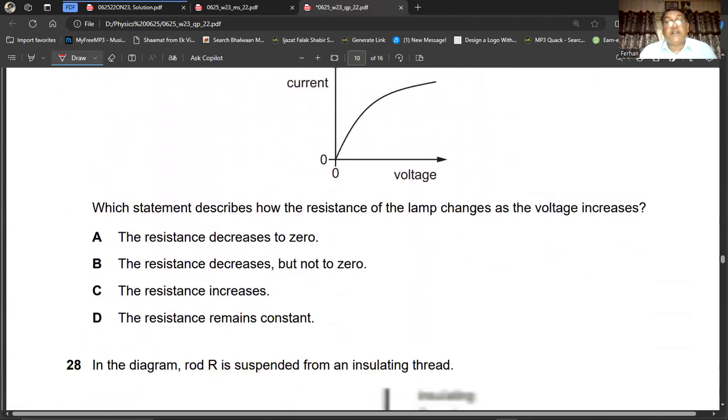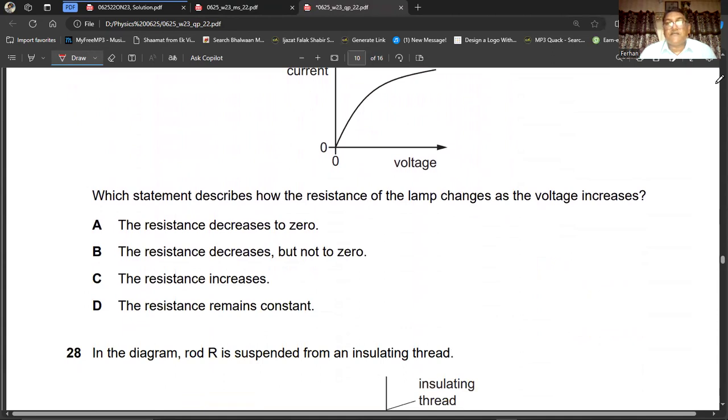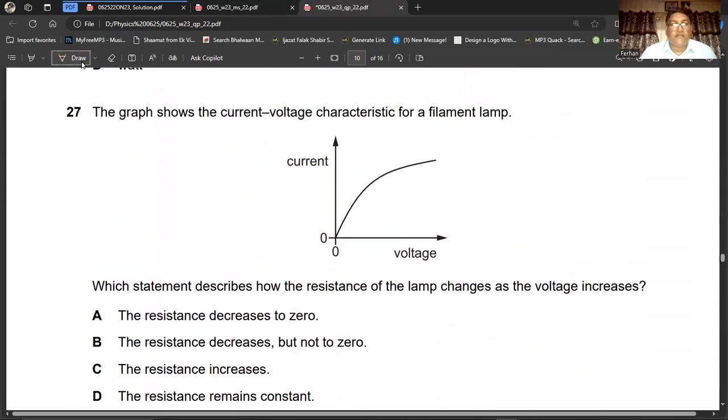Question number 27. Okay, the graph shows a current voltage characteristic of a filament lamp. Here the current is on the y-axis and the voltage is on the x-axis.